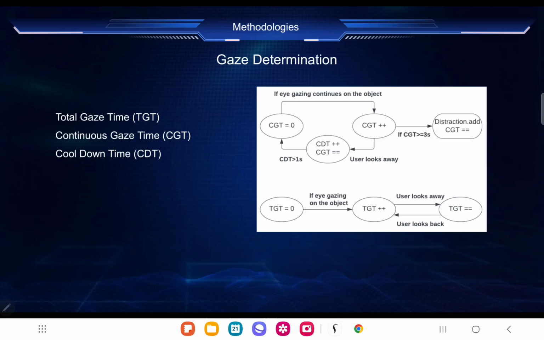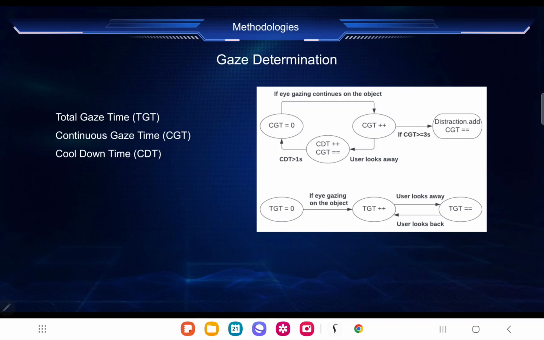So when the kids start to gaze at some object, the continuous gaze time increases, and when the kid looks away and looks back, we have a cool down time, so that when the kid just looks away for a second and looks back, we still think the kid is engaging with that object or paying attention to that object. And we do so by having this cool down time there.